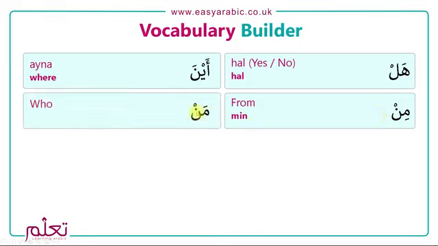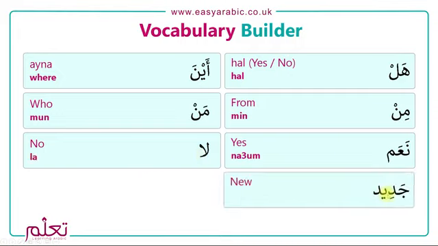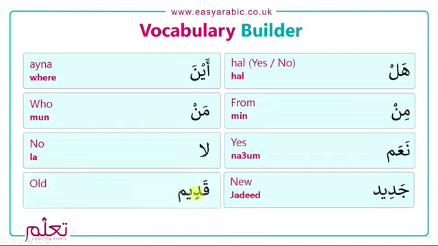Then we have man, which we've covered before, which is who. Then we have na'am, which is yes, and the opposite of that is la, which is no. Okay, then we have jadid, which is new. And the opposite of jadid is qadim, which is old. Okay, so that's hal, aina, min, man, na'am, la, jadid, qadim.